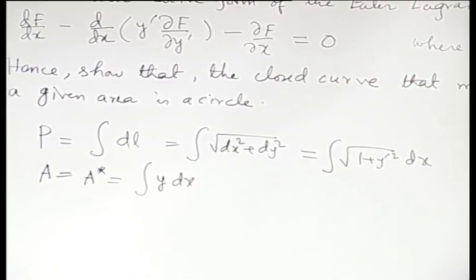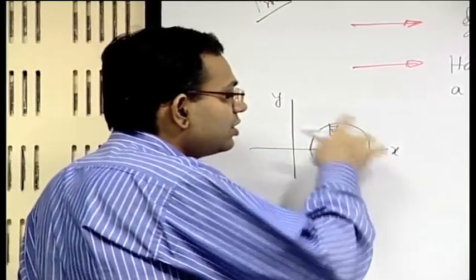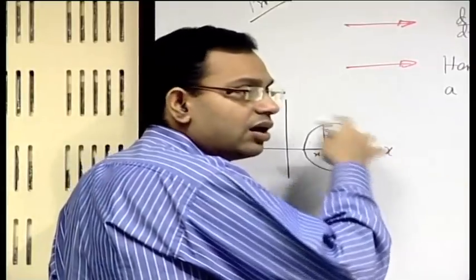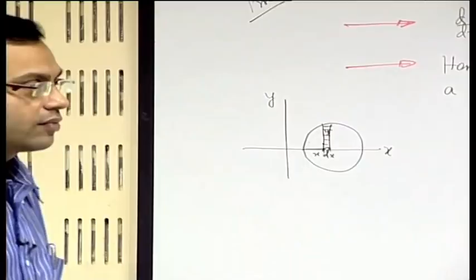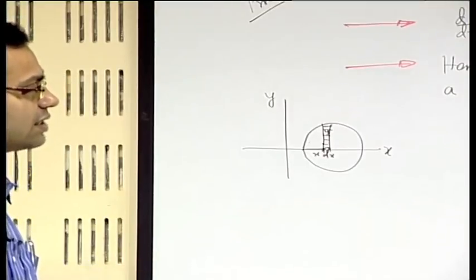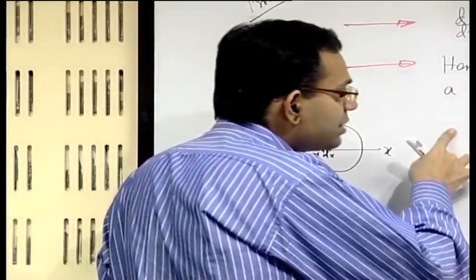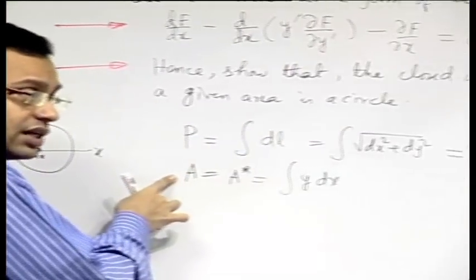So, we can deal with half of the curve if it is symmetric with respect to x axis, length of half of the curve, that is the perimeter, and area of the half included with the x axis. So, with that understanding, our objective is to minimize p so that A is a constant.